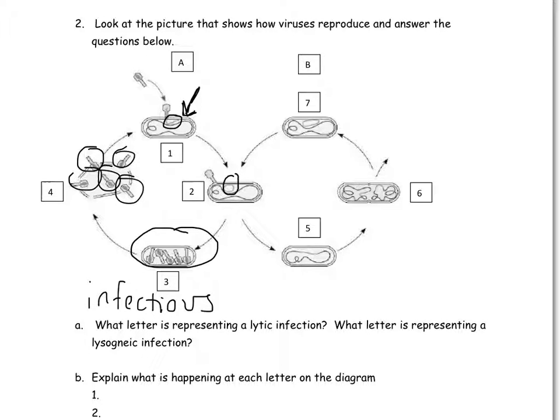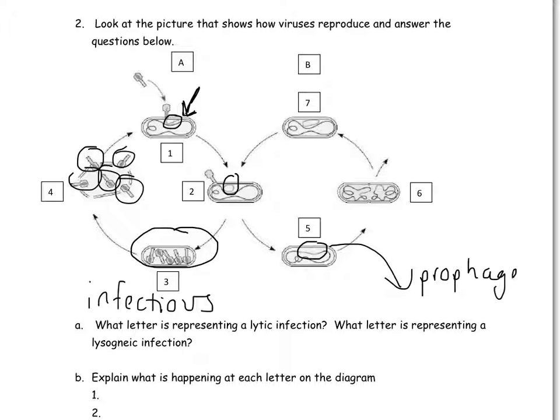Now, lysogenic is a little different. So we start with 1. The virus is going to inject material into the host cell. The genetic material here at step 2 is now completely in, but instead of taking over and moving to step 3, the genetic material will blend in with the host cell material and become what's called a prophage.